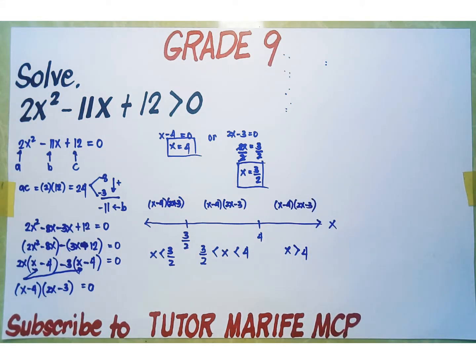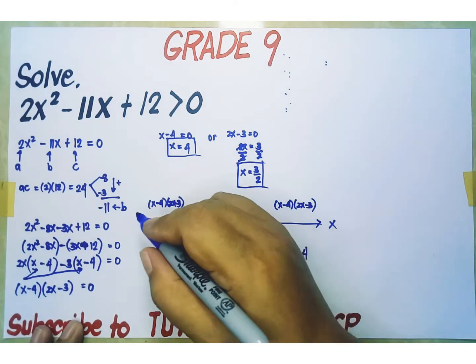Okay, next, we choose a test value for each interval. Test value is any value of x that falls under the interval. So, x is less than 3/2. Think of a number, any number that's less than 1 1/2, and you will use it as your test value.